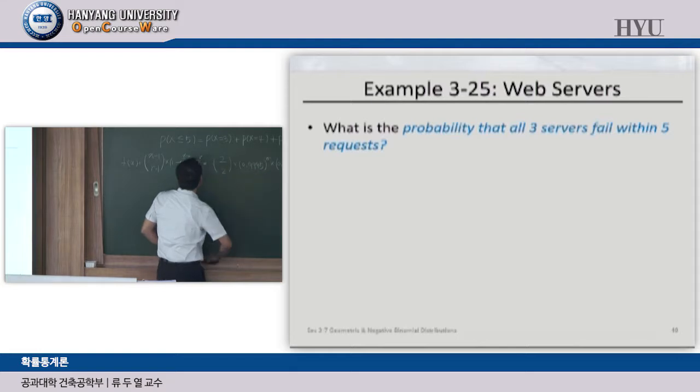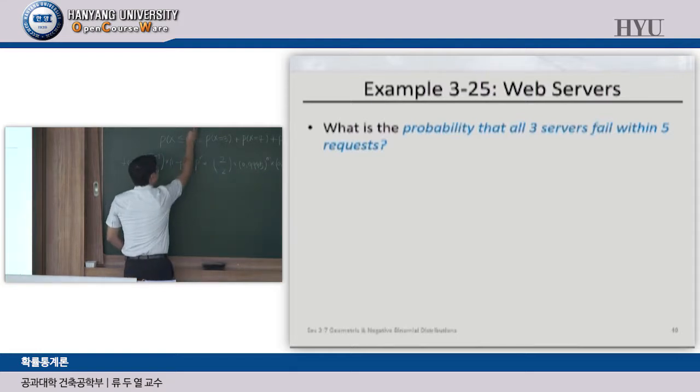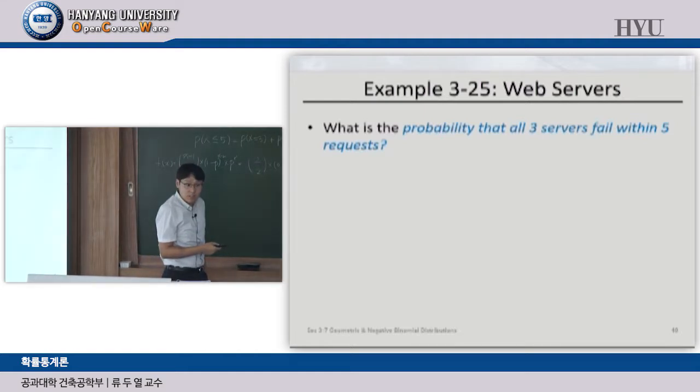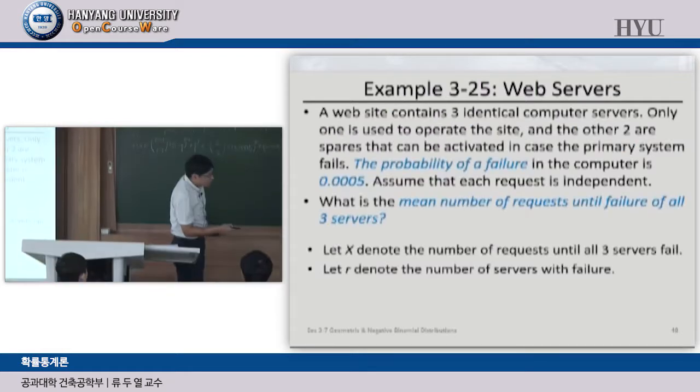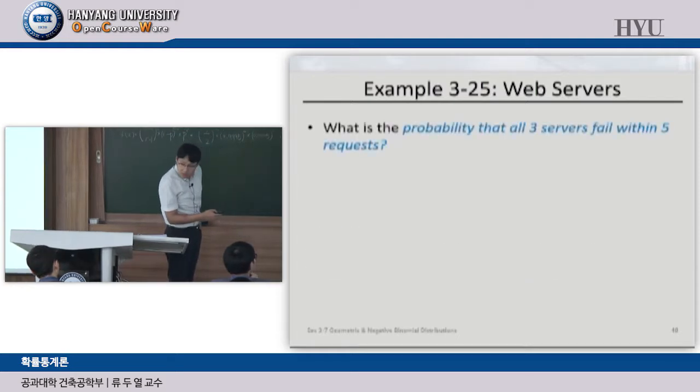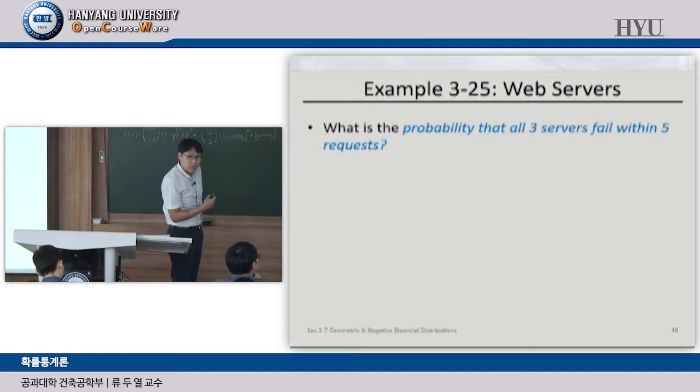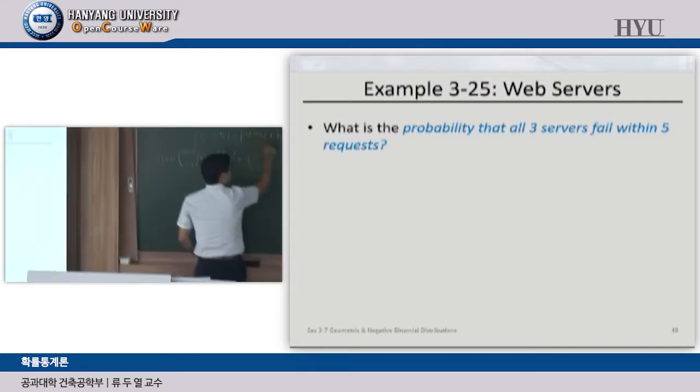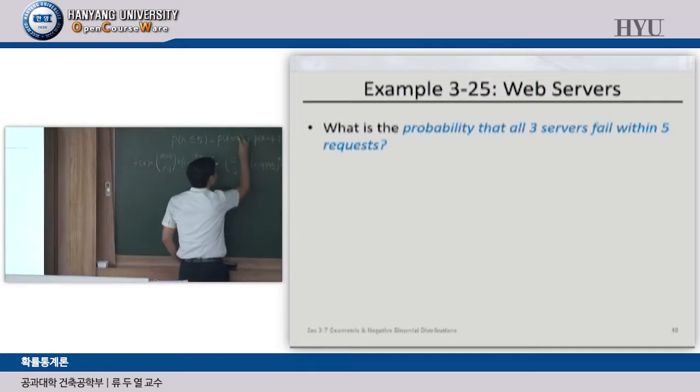In this case, r is equal to 3. Why? Because all 3 servers should fail. What is the definition of r? R is the number of servers with failure. So for this question, all 3 servers should fail, which means r should be equal to 3. And these are the small x.